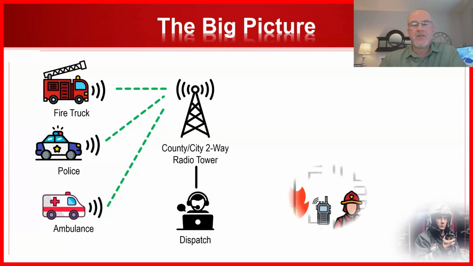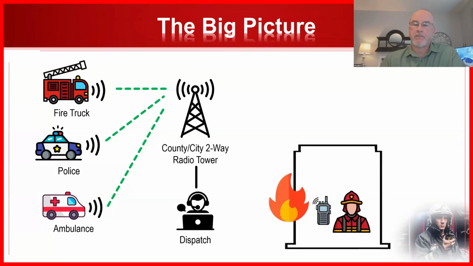Let's take this example: we've got an emergency, and a fireman has to go into a building that's burning. When you take a wireless radio inside a building, the radio signal from the outside doesn't always come inside. The materials within the building and other factors, like the type of windows, can cut the signal off completely.